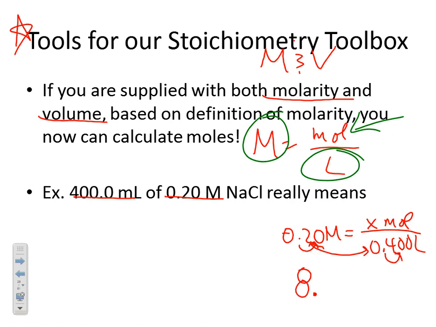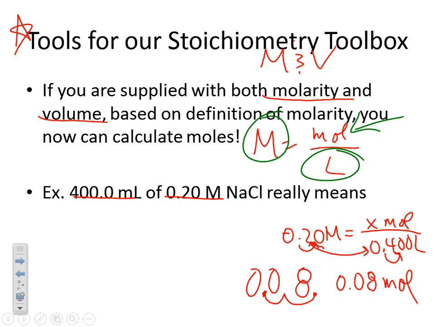Then you kind of have to undo the decimal moving that you did. Now I moved it 2 places, so now I've got to move it 2 places back. So the answer is 0.08 moles, and that's how I do that sort of math without a calculator.